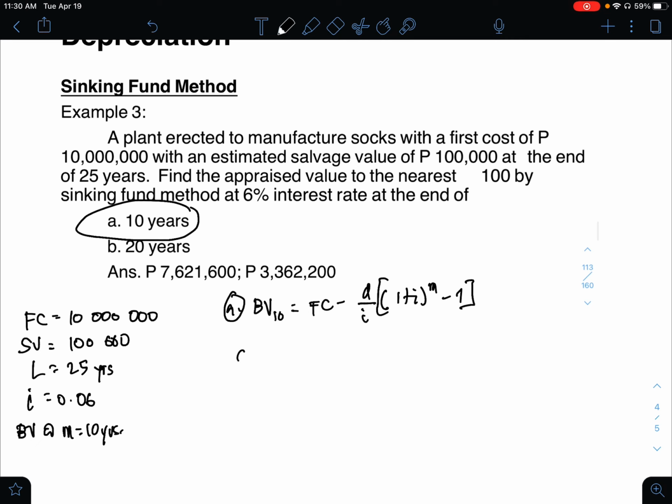So D is equal to FC minus SV times I all over 1 plus I raised to the power of L minus 1.